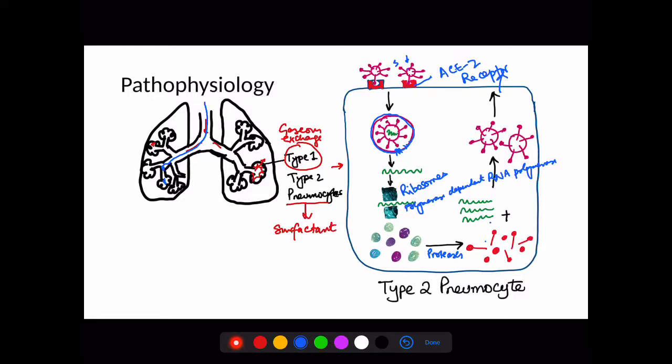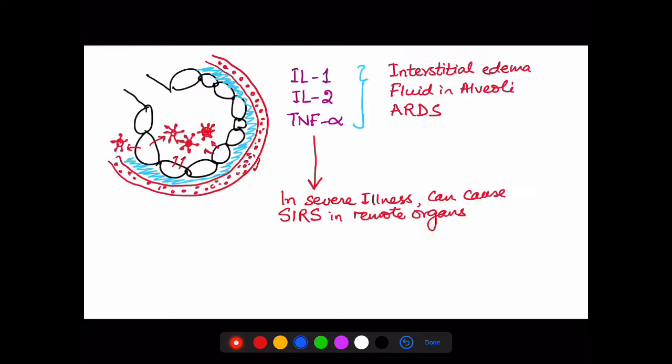At the same time, as this viral replication is going on, when these cells are burst open, there is release of cytokines in the blood, and these cytokines are many. Some of them are interleukin 1, interleukin 2, and tumor necrosis factor alpha.